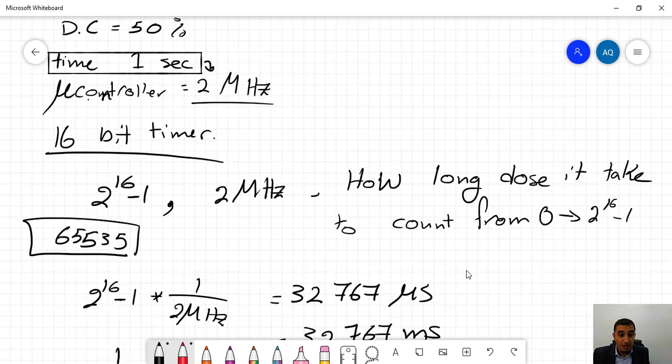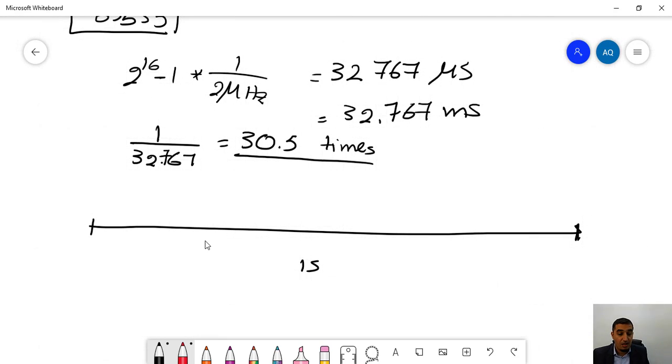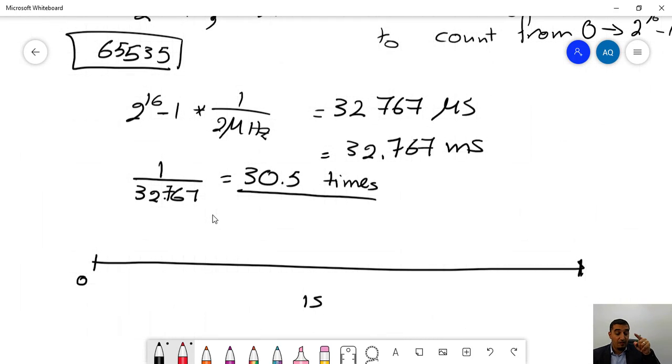Now, my original signal, I want to generate a 50% pulse width modulated signal. This means my timer and counter will start from 0. Once I finish counting the 65,535 for the first time, I will have the count 1, 2, up to 30.